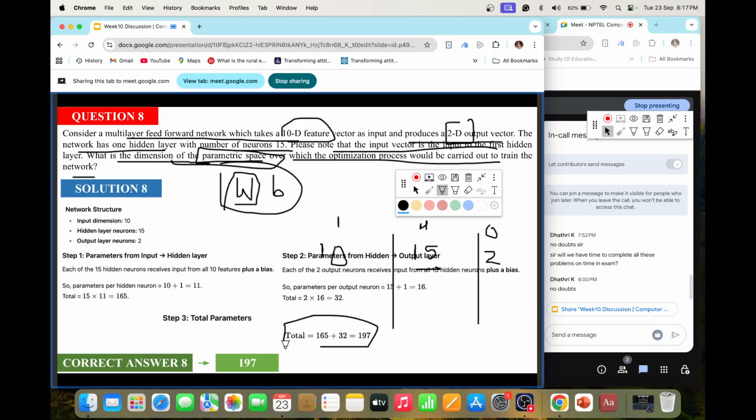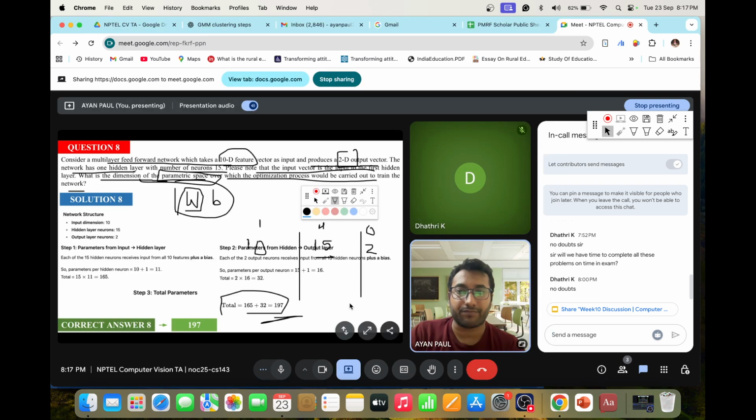That is how we calculated it: 10 into 15 plus 15 into 2 is 180 weights. For the input to hidden layer we have 15 biases, and for the hidden to output layer we have 2 biases. So 180 plus 15 plus 2, that is 197, will be your answer. So is it clear? Number of parameters clear, right? Yes.